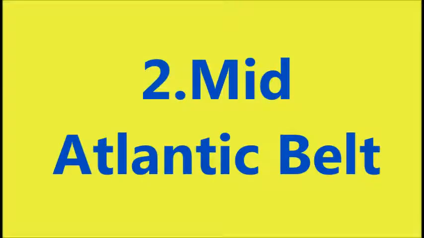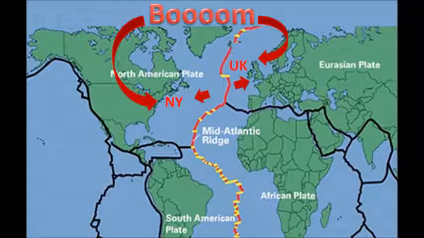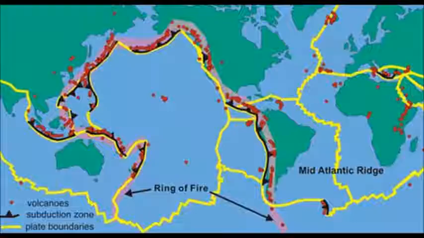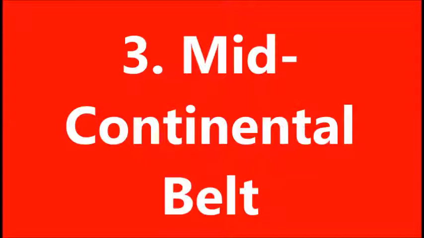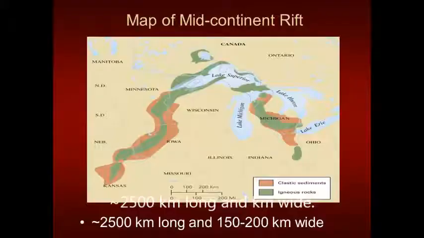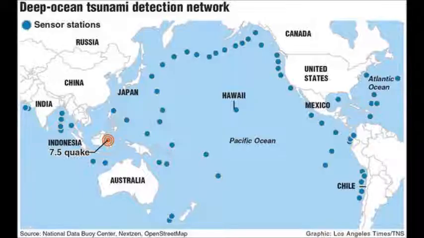Mid-Atlantic Belt. It consists of Iceland and West Indies. Mid-Continental Belt. They are the places of Italy, Spain, France, Greece and Turkey. Important islands: Hawaii and Indonesia.